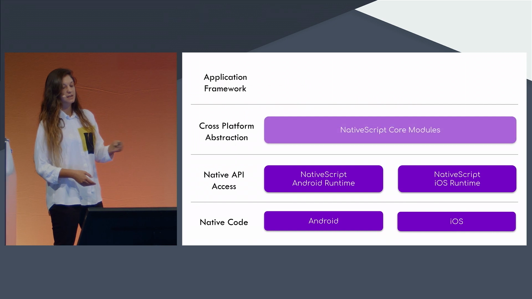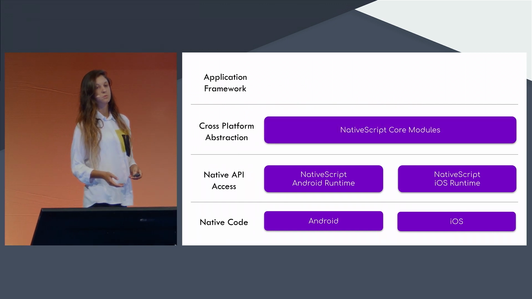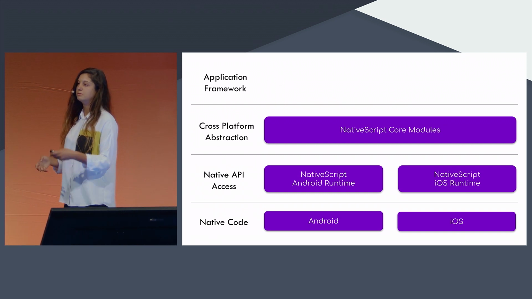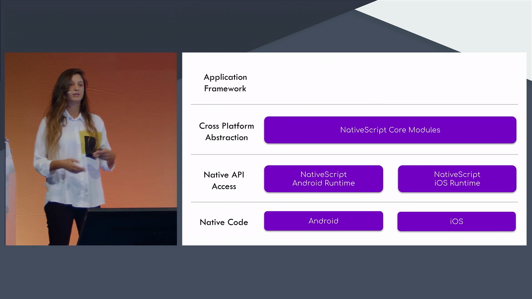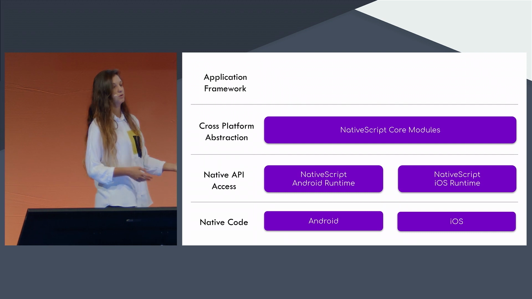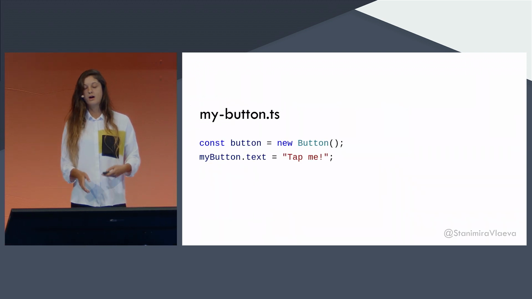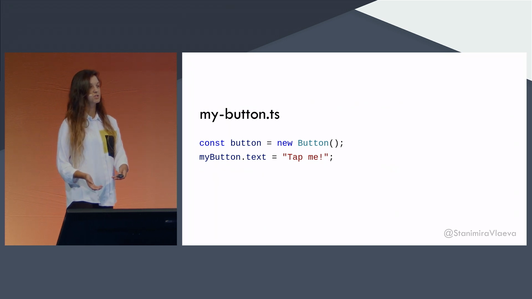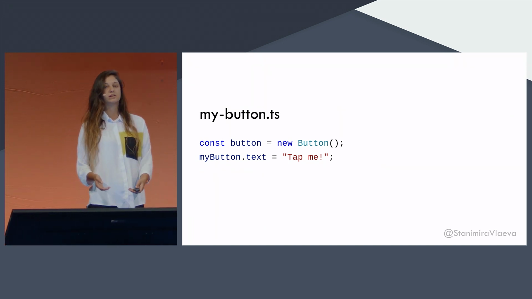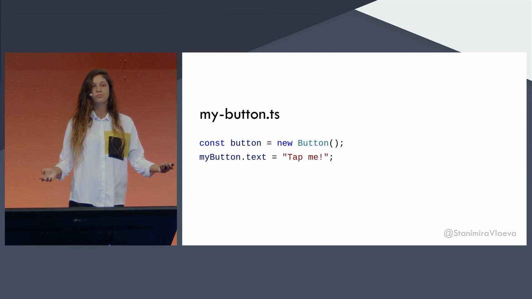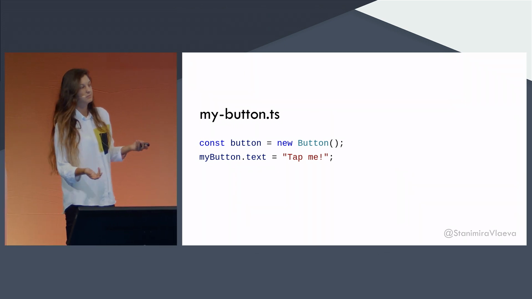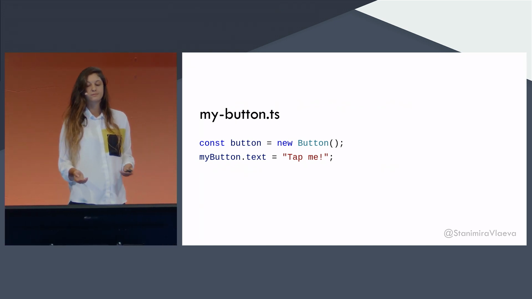That's why on the next level, we have the NativeScript core modules, which are a JavaScript plugin which allows you to write a single line of code and create a widget on Android or iOS. This is how you can create a new button. Whenever you build the application, the NativeScript build process knows that you're building for one of the two platforms, and it is going to bundle the necessary code for each of them, for Android or for iOS.